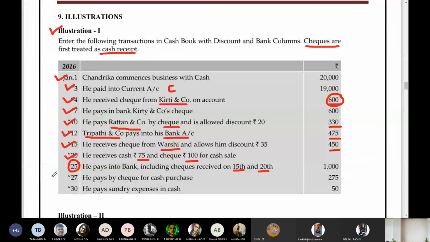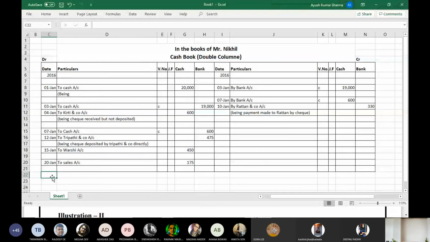Okay. Now on 25th, we'll make a contra entry. Again the same thing. To cash account 1,000, by bank account 1,000.